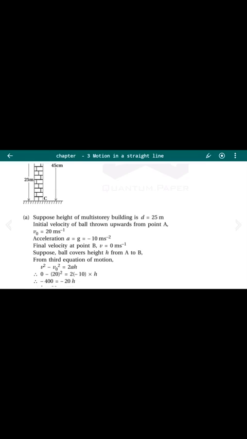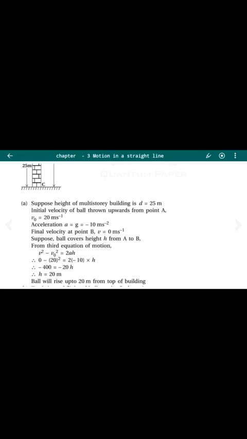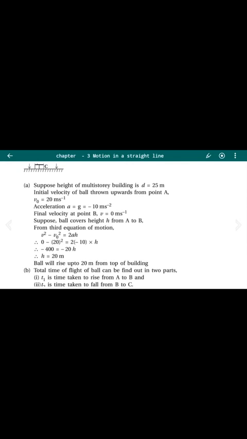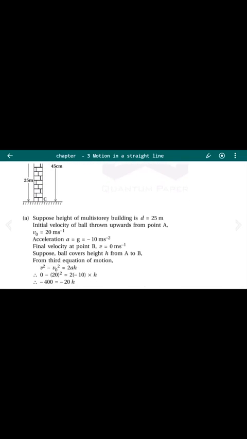Suppose the ball covers height h from A to B. So the height, which is the distance AB, that we need to find out, which is indicated by the symbol h. So from the third equation of motion, first of all what you need to know, write down the data from the statement. So here what we are getting is d, initial velocity, final velocity and acceleration.